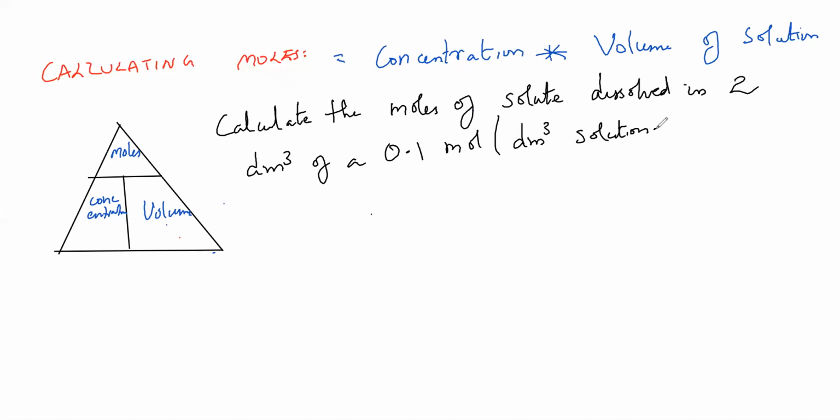So how do we go forward with this? Calculate the moles, correct? We know the formula to use is this particular one. Dissolved in 2 decimeter cube, decimeter cube means volume. Concentration is also given, 0.1. So just multiply 2 into 0.1. That is 0.2. That's it, 0.2 moles respectively.